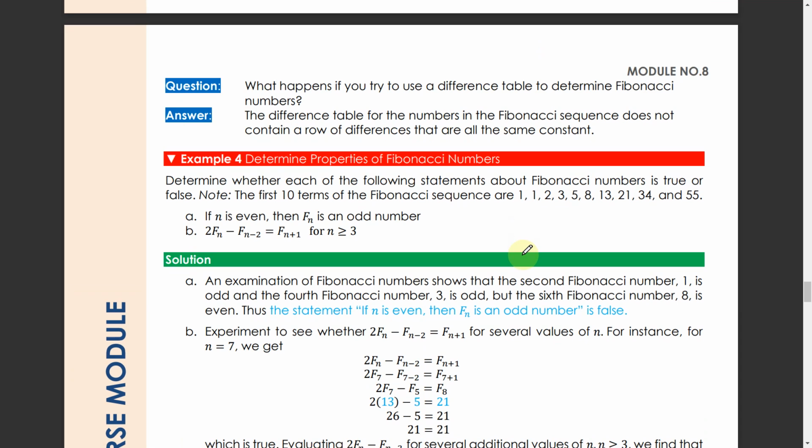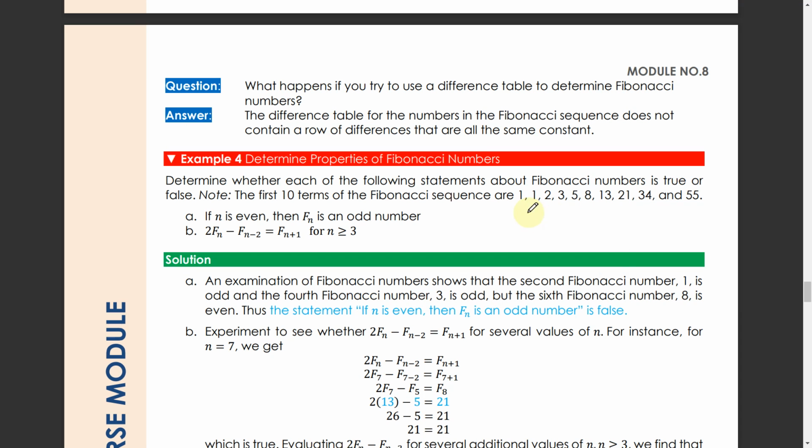Okay? So let's have an example. This is to determine the properties of Fibonacci numbers. Determine whether the following statement about Fibonacci numbers is true or false, no? The first 10 terms of the Fibonacci sequence are 1, 1, 2, 3, 5, 8, 13, 21, 34, and 55.